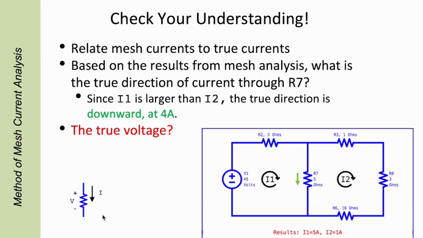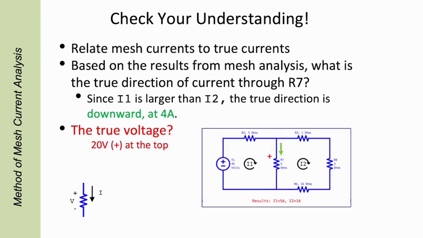True voltage, okay, we need to look to passive sign convention to make sure we get the polarity right. Since the true current is downward, we know that the true voltage polarity would have a plus sign on the top. Okay, that means in this case we have 20 volts, 4 times the 5 ohm resistor, plus sign at the top.